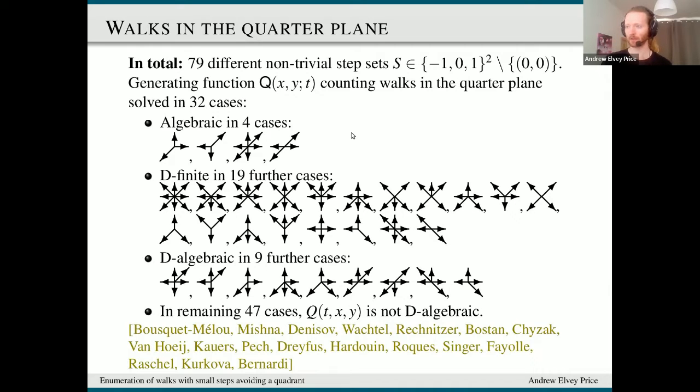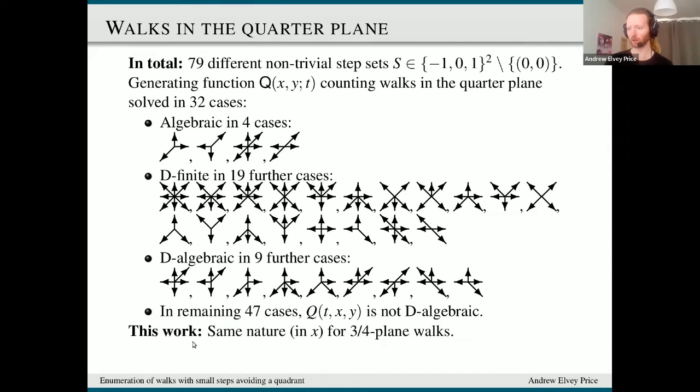In all 79 cases, these are solved in terms of integral expressions. Integral-free solutions have been found in 32 cases. And in some sense, it's been shown that in the remaining 47 cases, no such solution exists. So these are now very well understood. This involved a very large number of papers by all of these different authors.